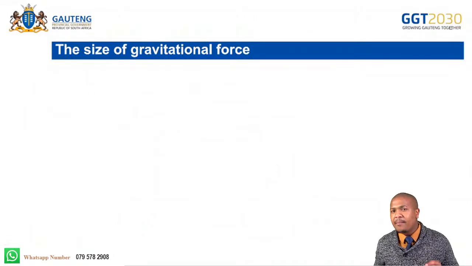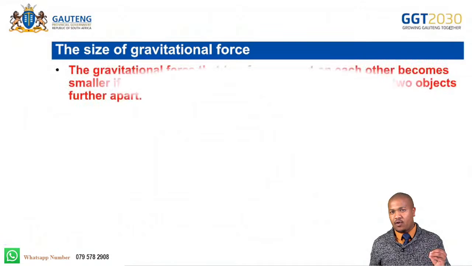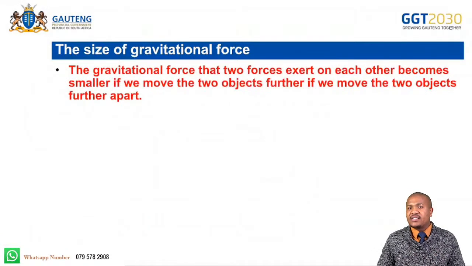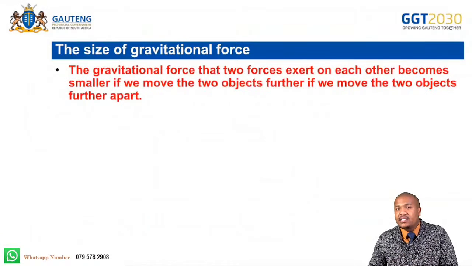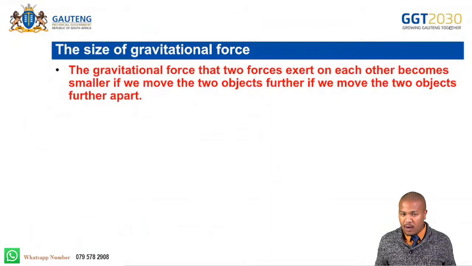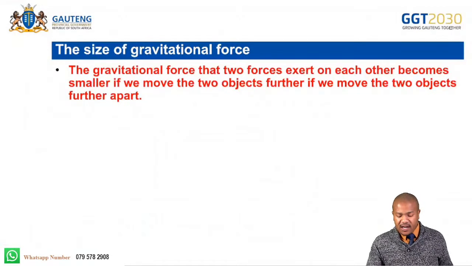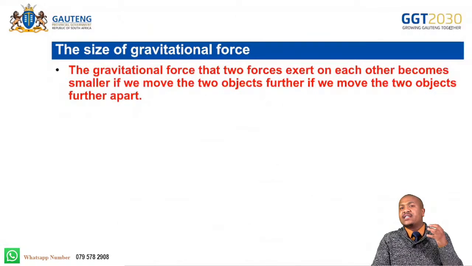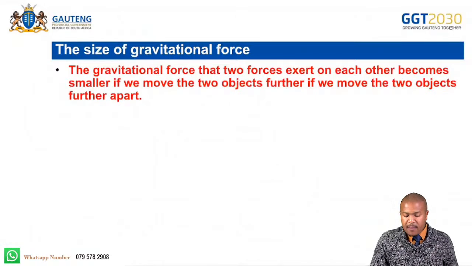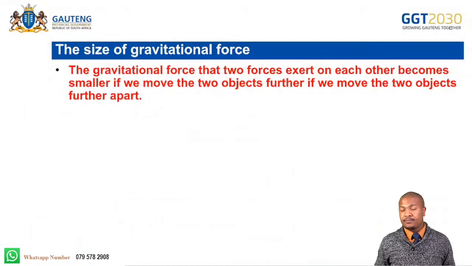Now, how can we determine the size of gravitational force? Gravitational force is governed by distance and mass. Are we together? The gravitational force that two objects exert on each other becomes smaller if we move the objects further apart. Let me repeat that.